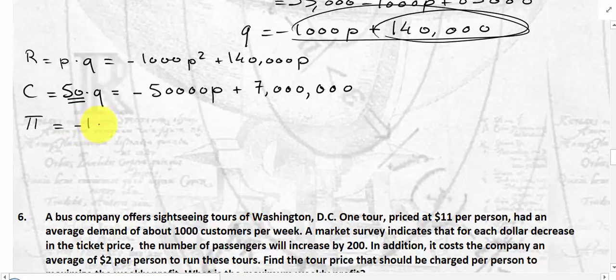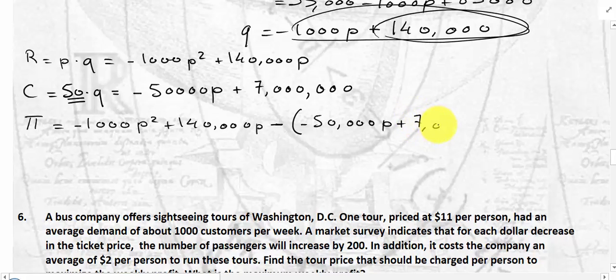So it is R, negative 1,000 P squared plus 140,000 P, minus C, minus negative 50,000 P plus 7 million right here. So what is this?